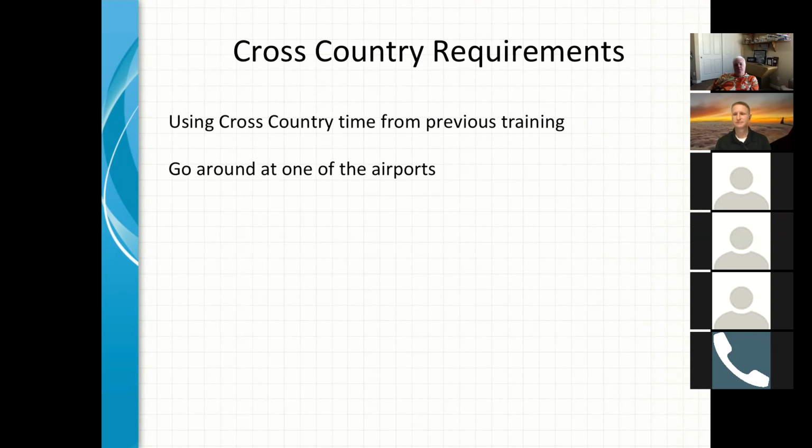Any other input for cross-country issues that you've run across? Hey, Phil, it's Josh. Yes. I recently had a Part 61 applicant for a commercial single engine, and similar to Jim's story, in the logbook the 2-hour day and 2-hour night cross country, I think the day one was logged as a solo cross country.